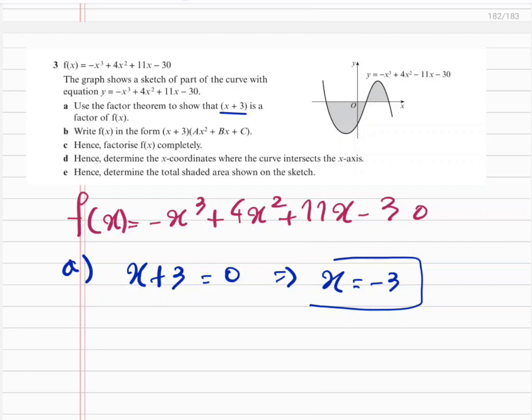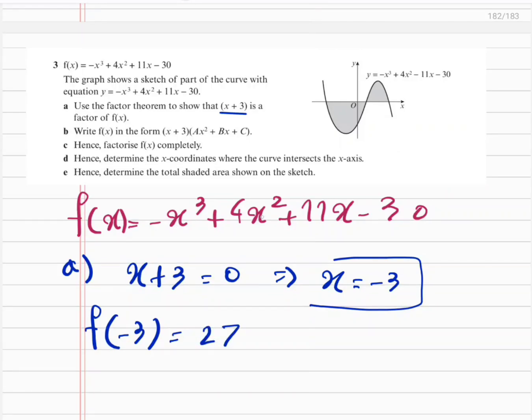And then show that f of -3 is equal to 0. So it basically means that we substitute -3 into f of x and then show that it's equal to 0. First of all, when we substitute -3, we get -27, but since it's minus, we get a positive 27.